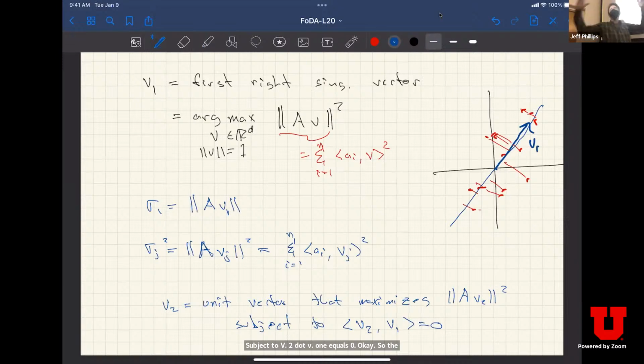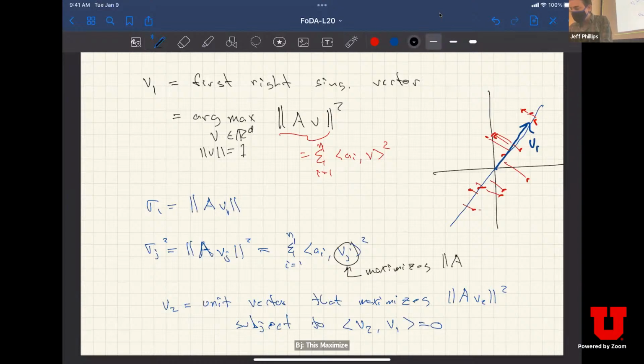And then recursively, the definition of Vj depends on V1 through Vj minus 1. In general, Vj maximizes the norm of A Vj, such that Vj dot Vi equals 0 for i less than j.